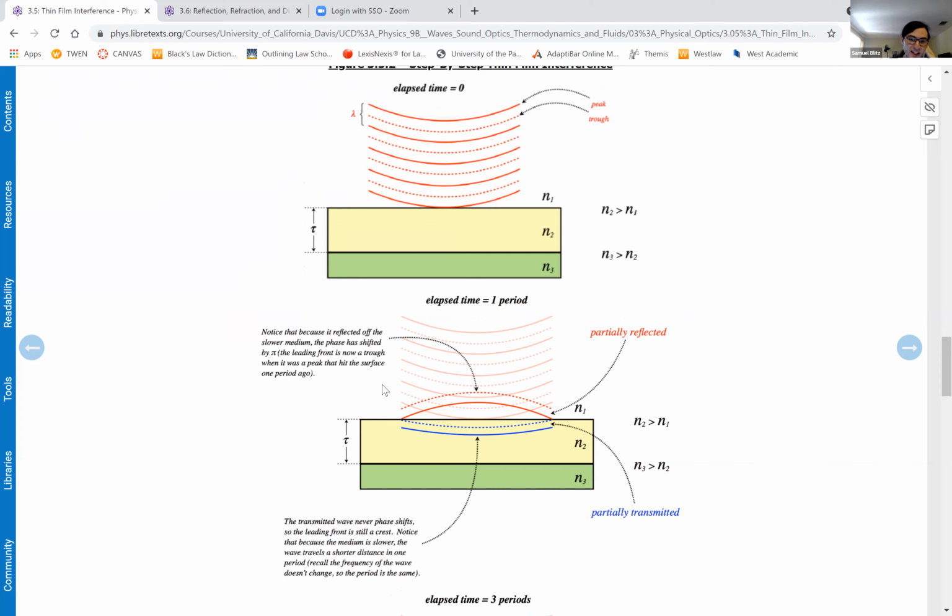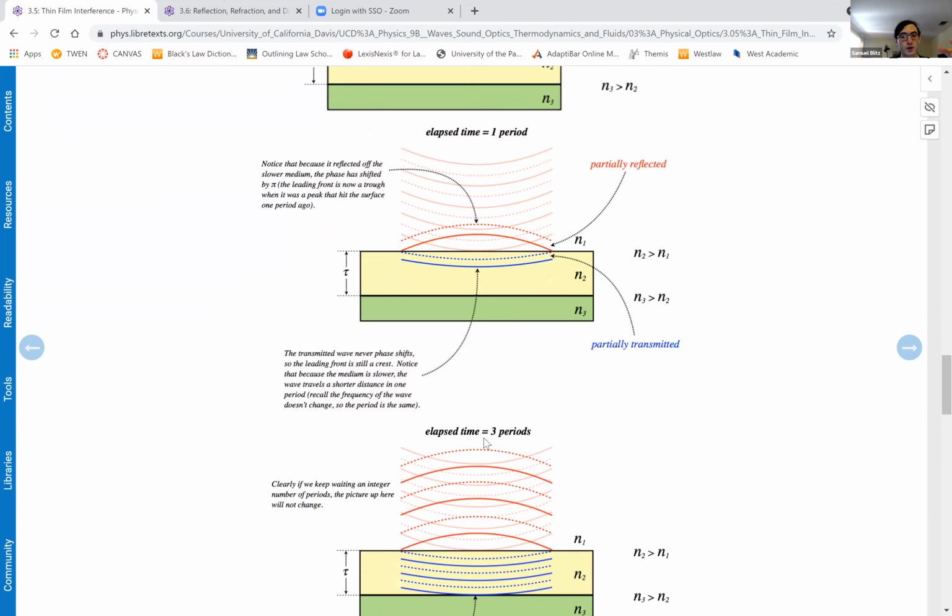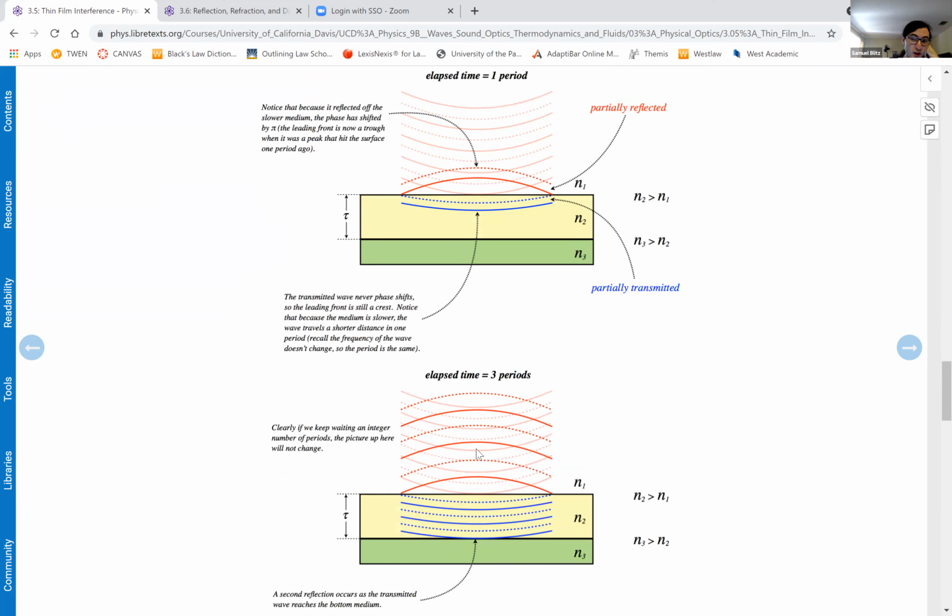In this case, again, the leading edge is a peak, but note that the peak and trough are closer together, and that's because the wavelength is shorter here because it's a slower medium. Okay, so this is after 1 period. After 3 periods, the reflected wave is reflecting 3 periods up. Notice that the leading edge is still a trough. And here we have in the medium that exactly 3 periods fit in this film.